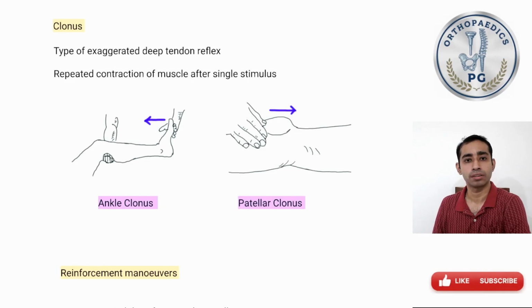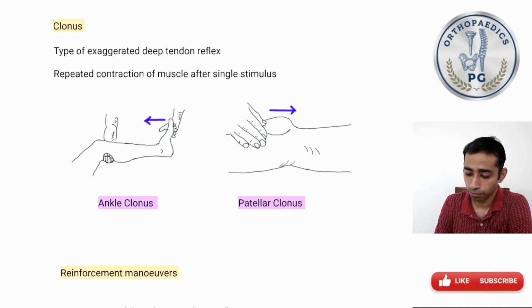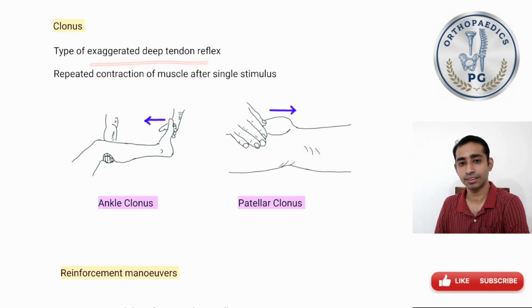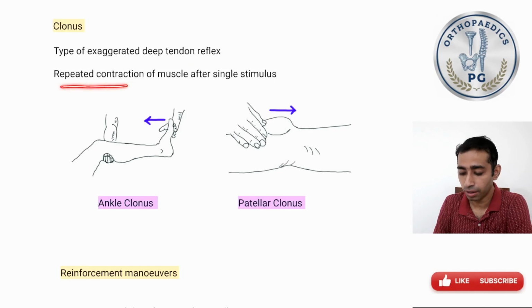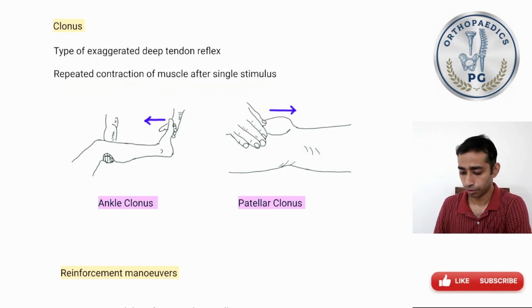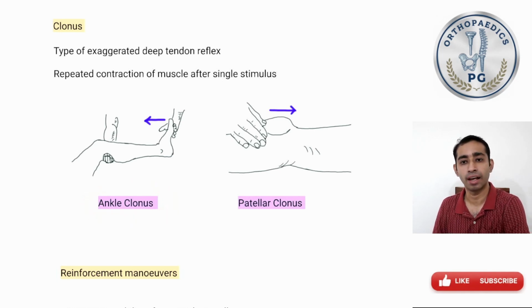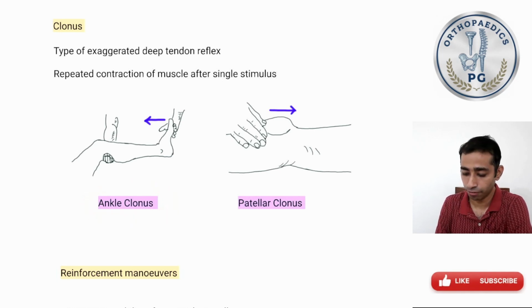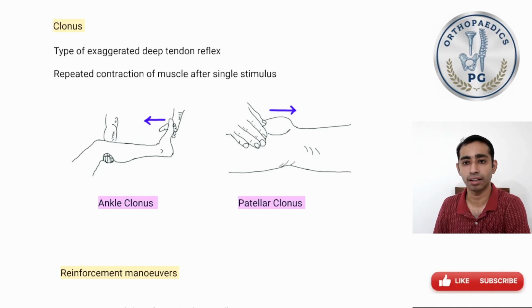Now what is clonus? Clonus is a type of exaggerated deep tendon reflexes in which there is a repeated contraction of the muscle after a single stimulus. So suppose we are checking ankle clonus, we have to flex the hip and knee at around 90 degrees and then we forcibly dorsiflex the ankle.